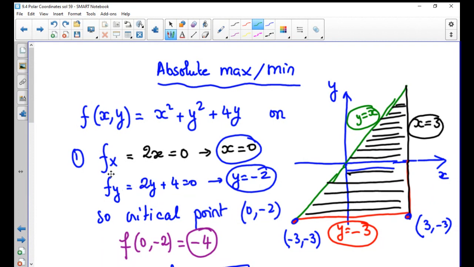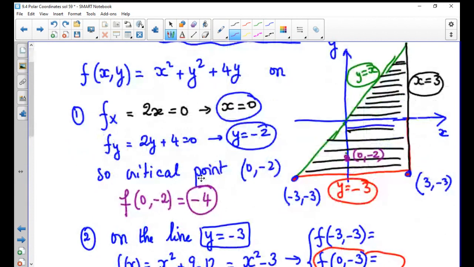Find fy. fy is 2y plus 4. Make this equal to 0, so you get y equal minus 2. This point, 0, minus 2, is here, somewhere here. So it's inside the region, so it's okay.